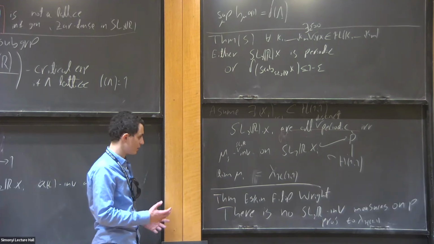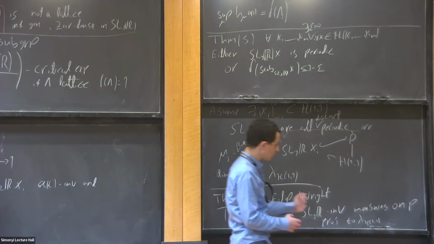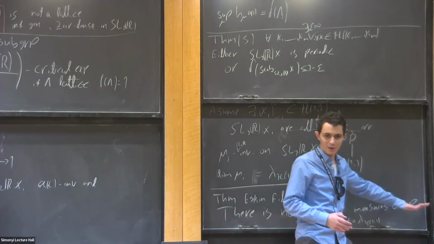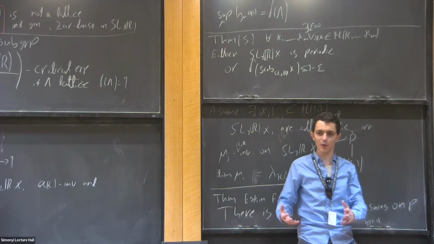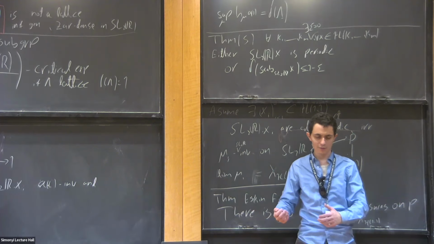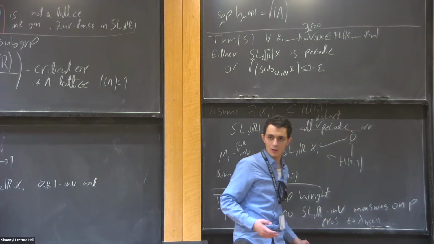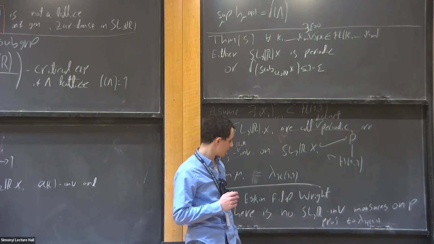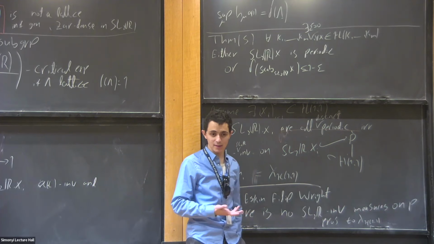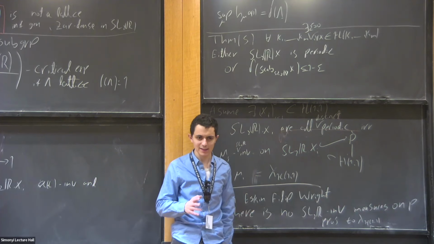They showed that there is a certain group attached to each bundle, and they computed it. If the group has no fixed vector, no fixed measure, then the bundle has no invariant measure. I can state the exact statement afterwards.